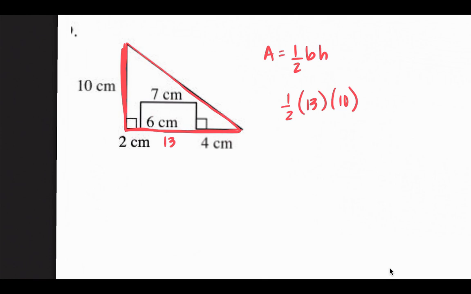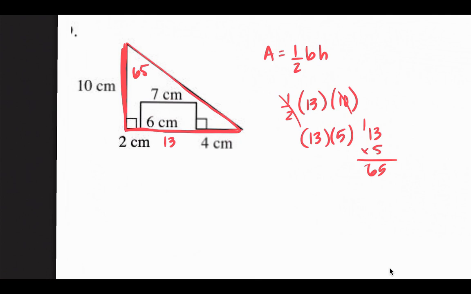Okay, so I'm going to take half of 10 first. So we'll do 13 times 5. The reason why I take half early is because a lot of people forget to take it after, and then they have the wrong measurement. This is 65. So this whole thing is worth 65 with the rectangle included.